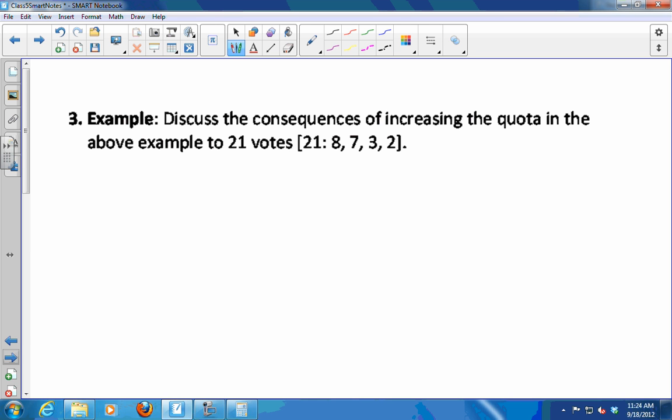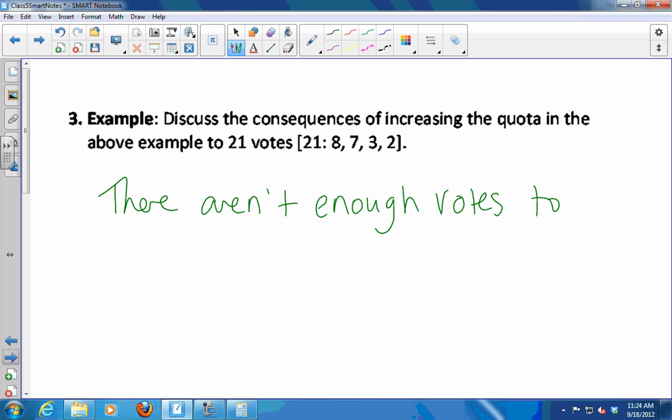There aren't 21 votes, so this is another case where we can't make a decision, right? So there aren't enough votes to make a decision.